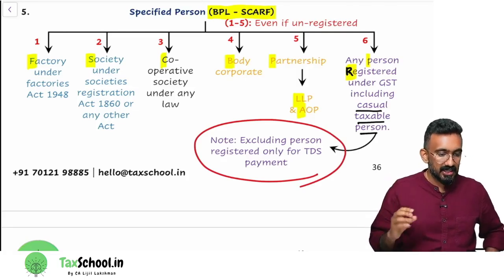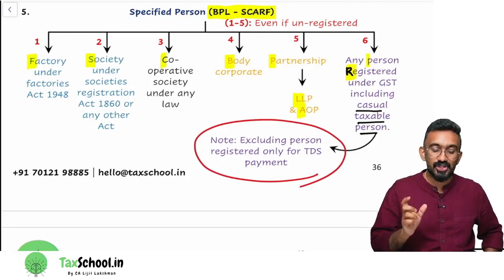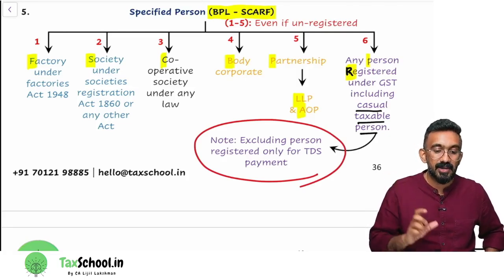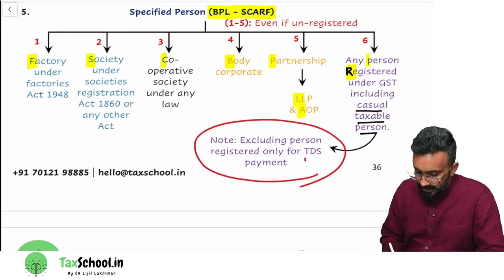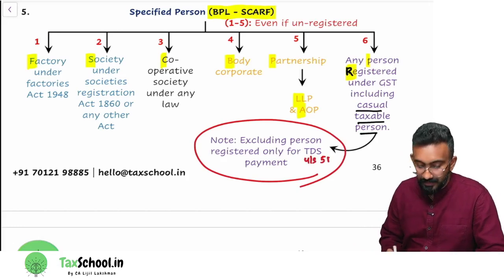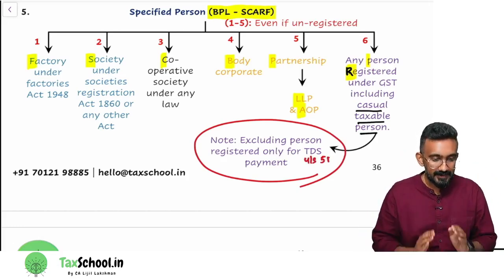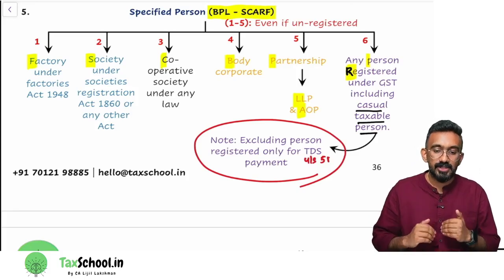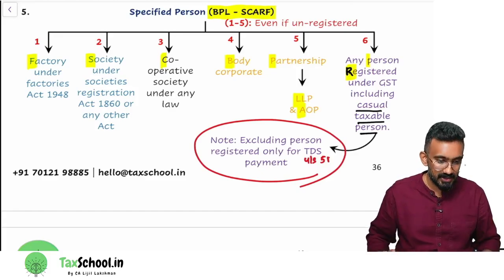That is, a person registered only for TDS under section 51, not 52, 51. If they have a special registration only for TDS and they receive services from a GTA, it would also be exempted. Don't treat them as a specified person is what they are saying.